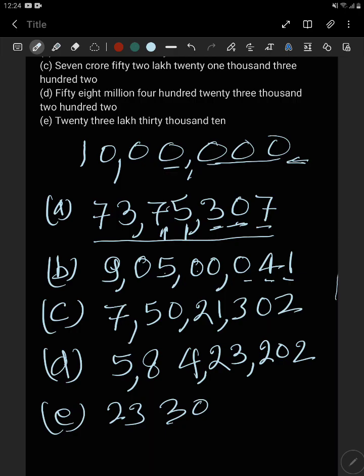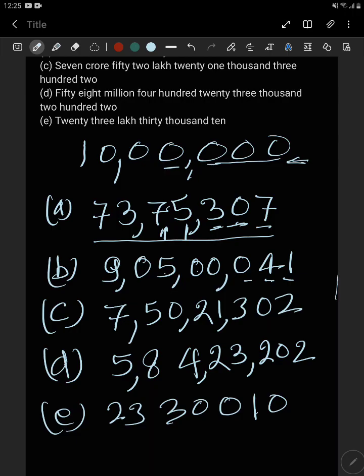Okay. And for 30,000, the 10,000s place is 3, and the 1000s place is 0. And now we have to see what is at the 100s place. At the 100s place nothing is there, so we will write 0, and then it is 10. In 10, at the tens place 1 is there, and at the ones place 0 is there. Okay, we will write it like this.